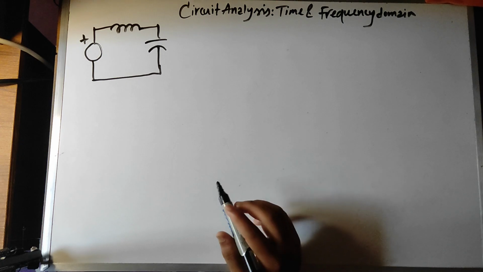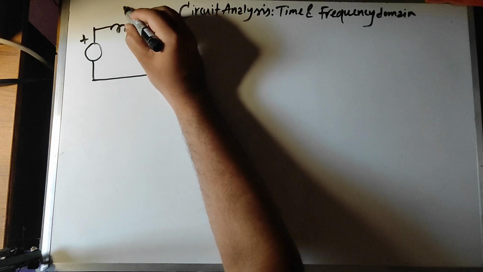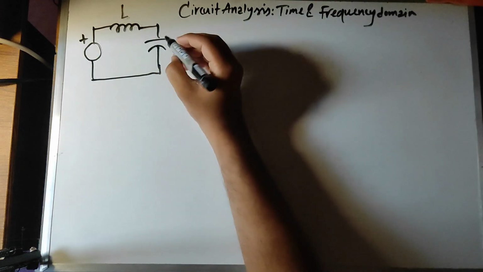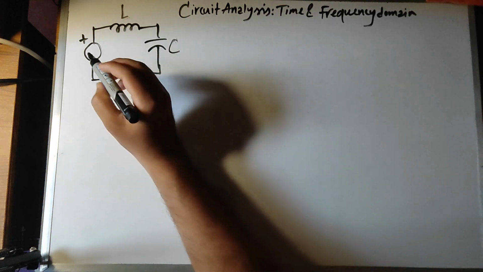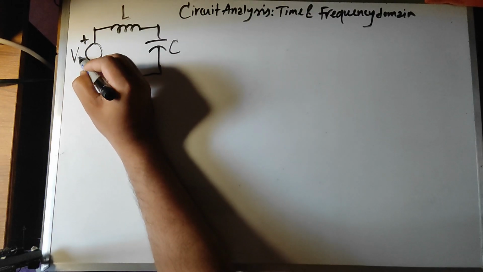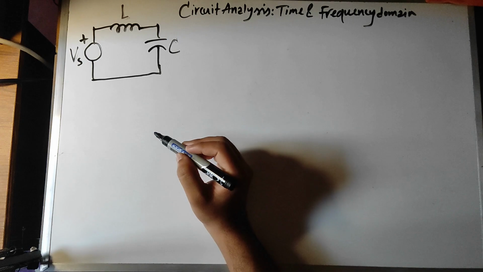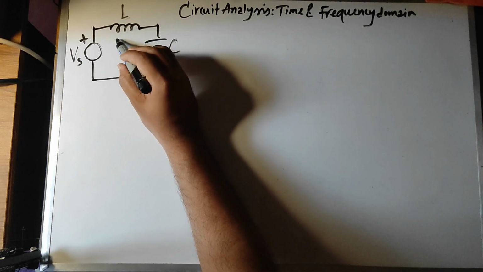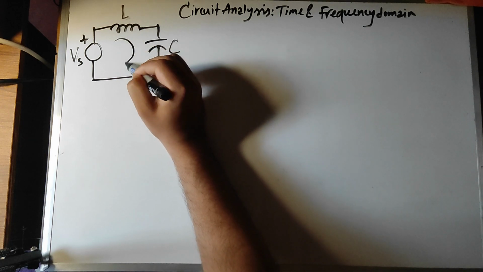So let's get started. This is the typical series LC circuit. This is, say, the DC input Vs, and we're going to apply KVL and KCL.